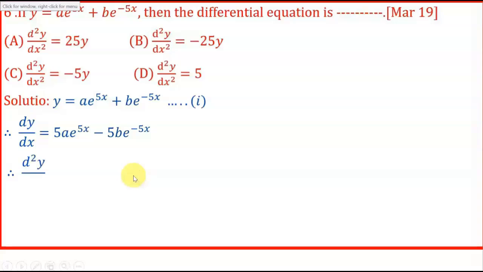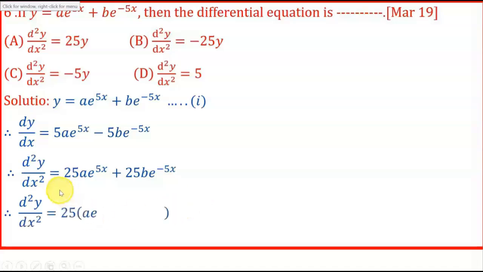Again differentiate this with respect to x. d2y by dx square is equal to, again, the derivative of e raised to 5x is 5 into e raised to 5x. 5 into 5 is 25. Constant a is as it is, e raised to 5x. Again, the derivative of e raised to minus 5x is minus 5 into e raised to minus 5x. Again, minus 5 into minus 5 will become 25 b e raised to minus 5x.